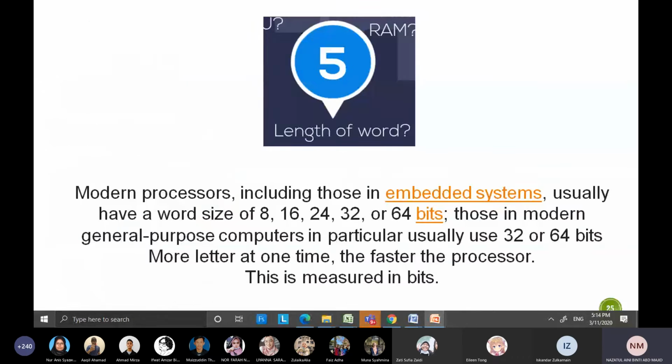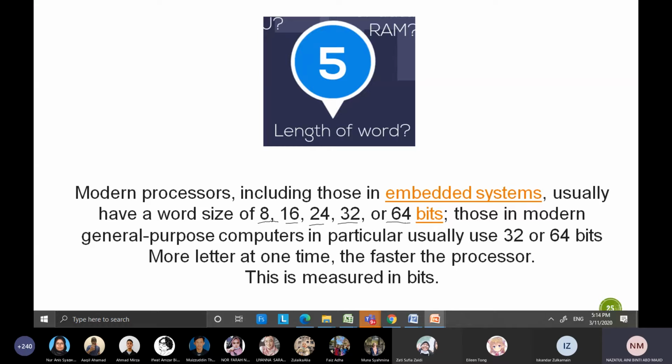And then the fifth one, the length of word. Word is actually what we can call the instructions. The length can be different. It can be 8, 16, 24, 32, or 64 bits.